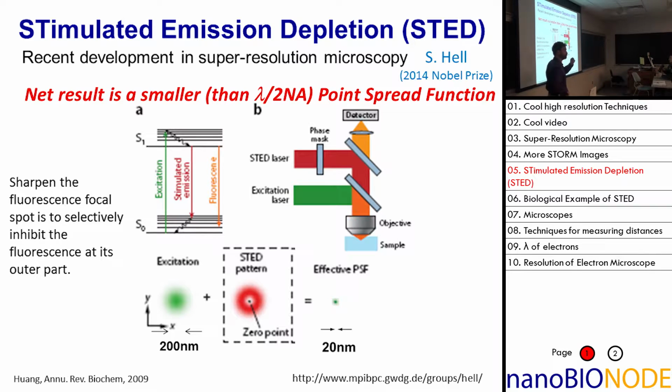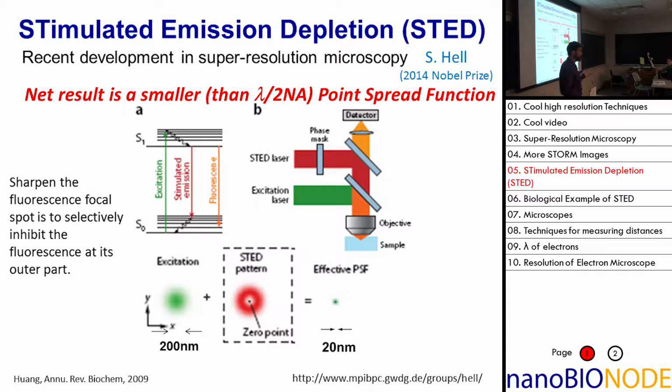Now, there's a really good question. Before, with the STORM or the PALM, it inherently was a single molecule technique, because there was a bunch of fluorescing molecules, though they were all silent, and then you had to very gently excite occasional ones. Is there anything that says that you have to be at the single molecule level?